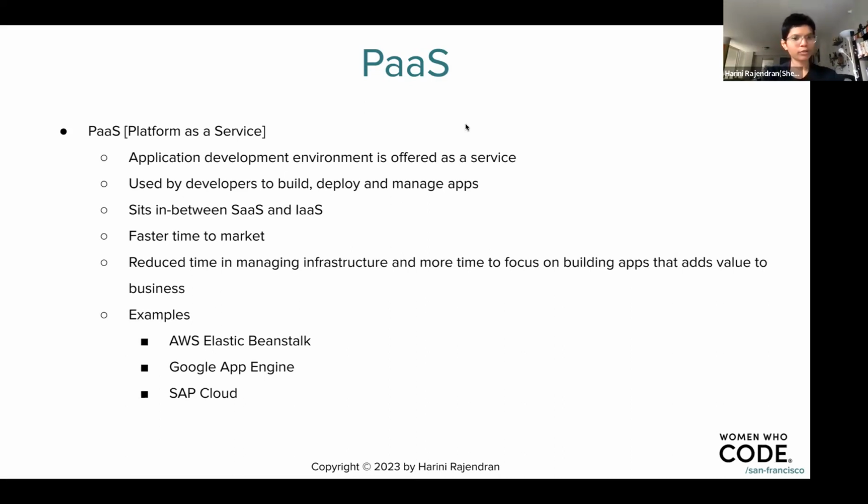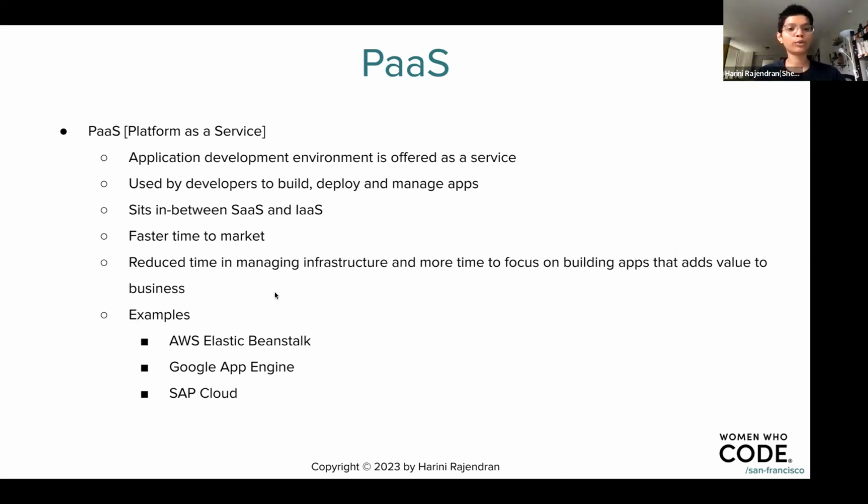So one advantage of using these platforms as a service is that now there is faster time to market. You can just focus on building your app, which is what actually adds value to your business. And you don't have to spend any time managing the infrastructure, because the whole platform is given to you.